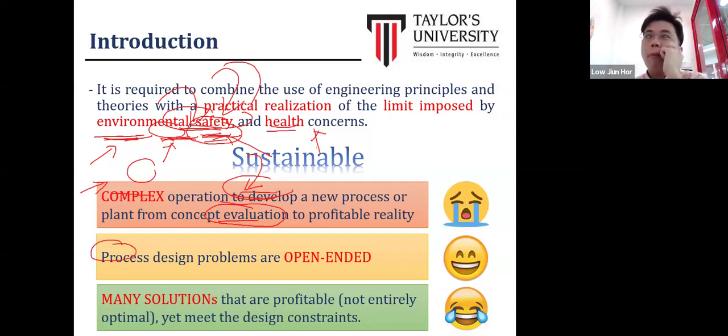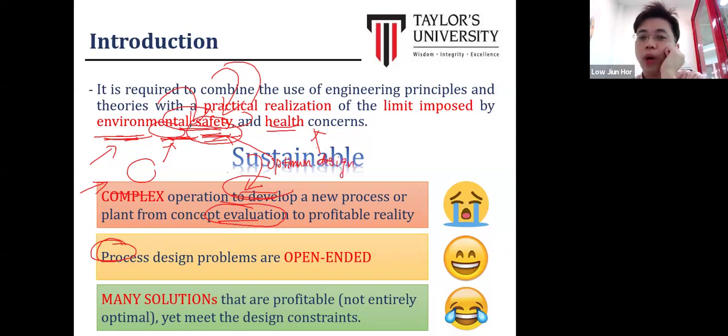An optimum design means that all the selections and decisions that we make in each stage or step involved in the chemical plant design are the best selection or the best option. This is what we call optimum design.